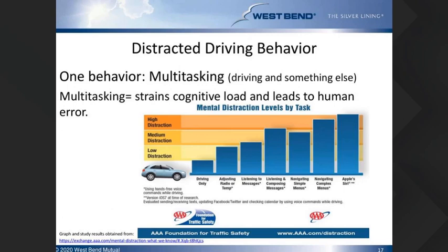And even some of what we believe are our biggest controls for distracted driving, such as using Apple Siri, AAA did a study on this, and they found that the highest distraction came when people were trying to use Siri or Alexa or any of those platforms where we have to communicate with it, and then maybe we don't get the response we want, so now we spend more time trying to communicate that.